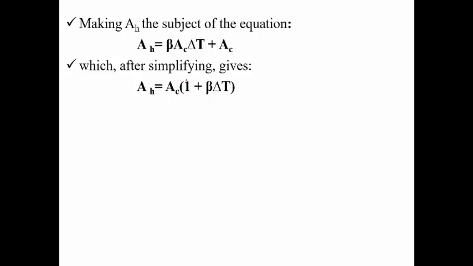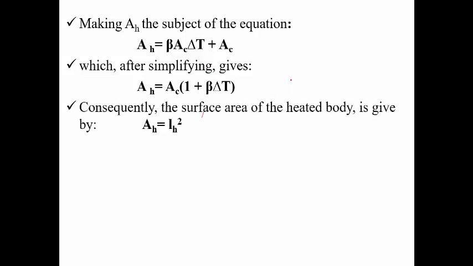When you take AC as common, it becomes 1 plus beta times change in T. Now, L is length, and length squared is always area. If it is length at hot, the square becomes area at hot, and length at cold squared becomes area at cold.